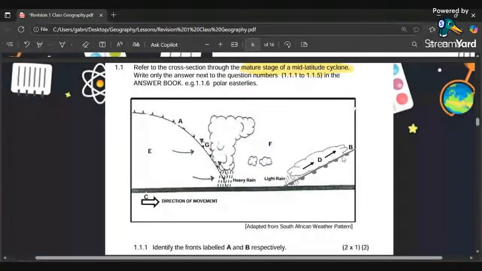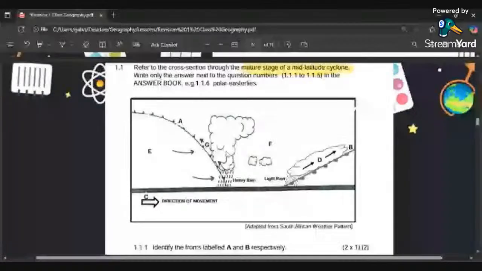And for B, you will have your warm front. And then C is the direction. Remember, these are weather storms that migrate. Once they develop and become mature, they start to move. And remember, they affect our weather in South Africa in winter.